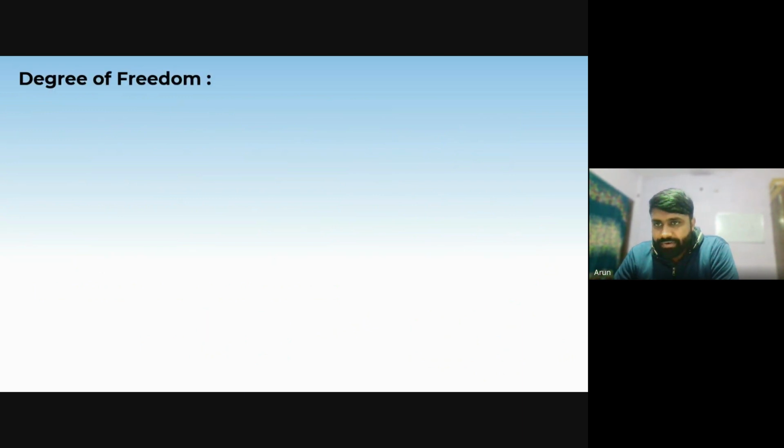What is a degree of freedom? Look, if I have a ball and this is a rod, or say a straight line, and the ball is moving in this direction and that direction, only one type of motion it can possess, which is translational motion along one dimension.